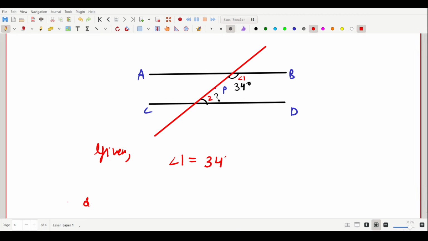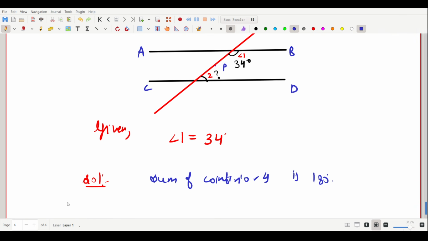So how will you solve the question? First of all, you will give the reasoning that the sum of co-interior angles is 180. When you have written this line, that means co-interior angles will add up to 180. That means angle 1 and angle 2 are co-interior, so the sum of them will also be 180.